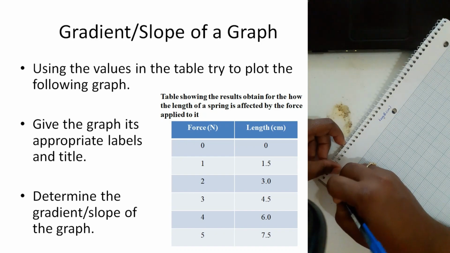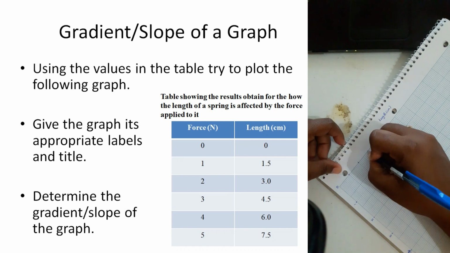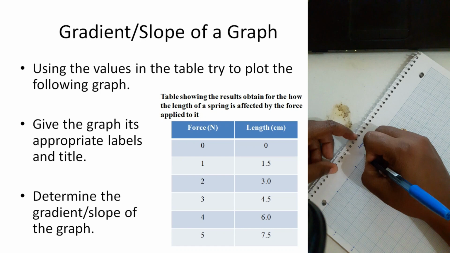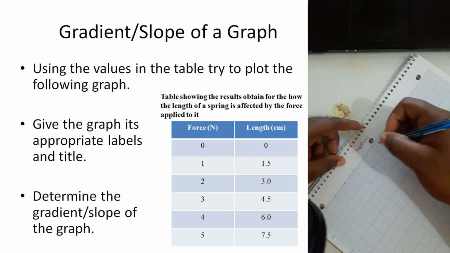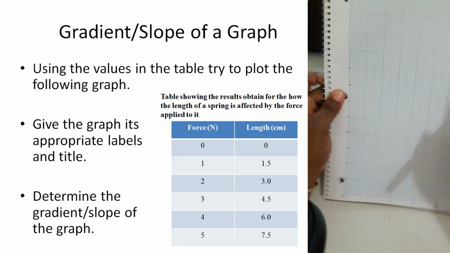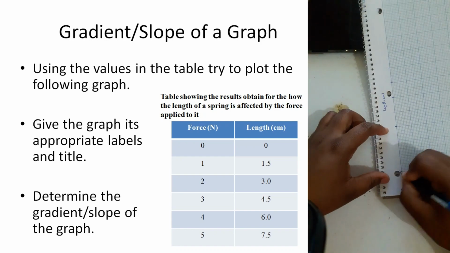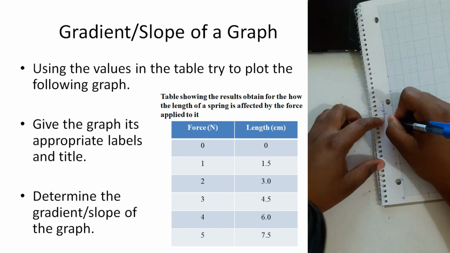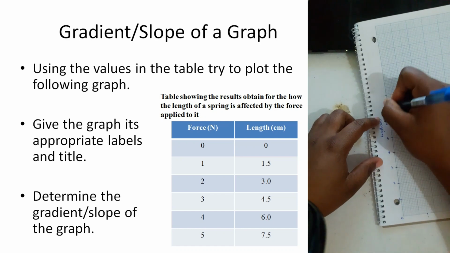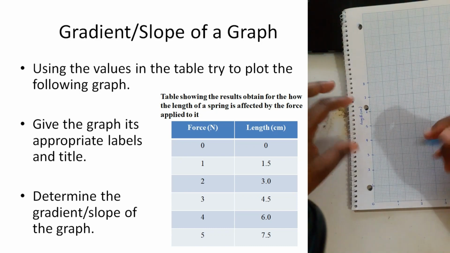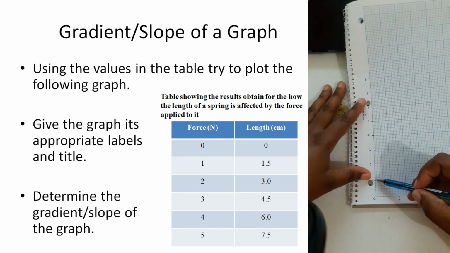So we start from 0. This is 1, 2, 3, 4, 5, 6, 7, 8. And so we have a number here, 1, 2, 3, 4, 5, 6, 7, 8. And this is good because now you could do your decimals in between here.